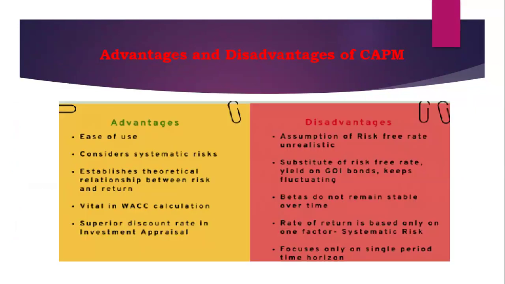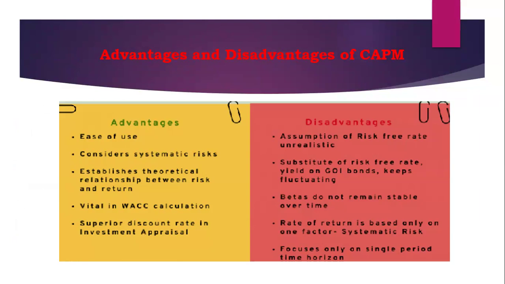Then, what are the advantages? What are the disadvantages? See, the CAPM model is widely used in all the finance industries. It is vital in calculating the weighted average cost of capital. What do you mean by cost of capital? The cost of capital is the minimum expected rate of return by the investor from his investment.